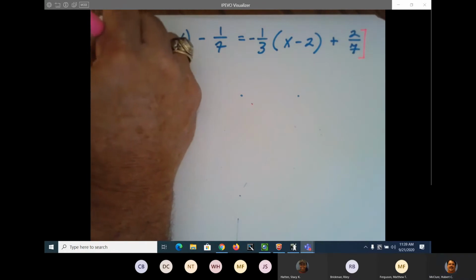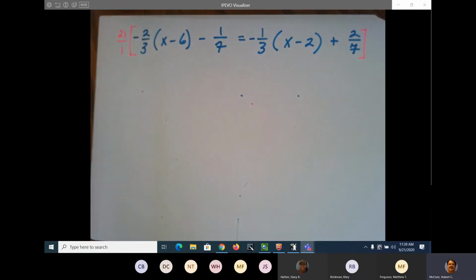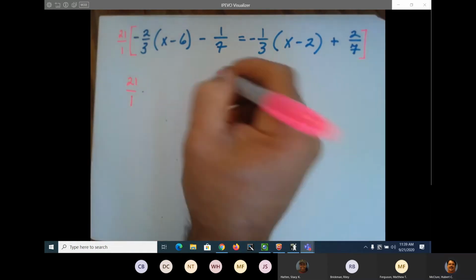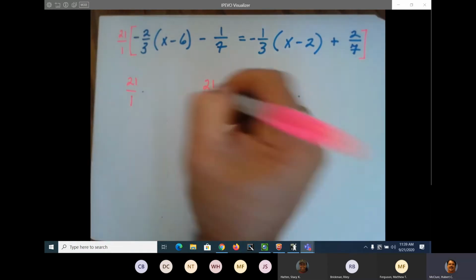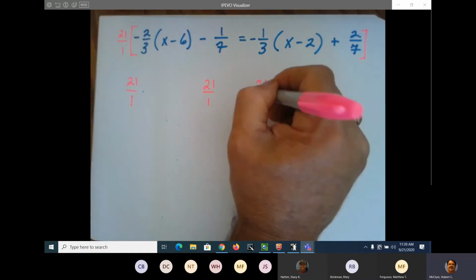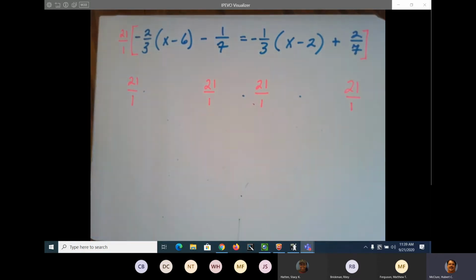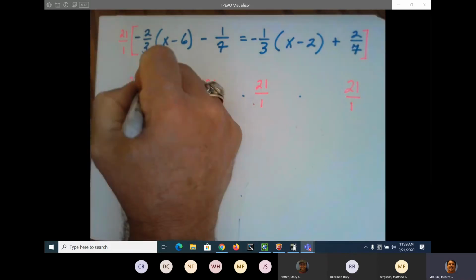21. So we're going to put 21 over 1, 21 over 1, 21 over 1, 21 over 1. Negative 2/3.